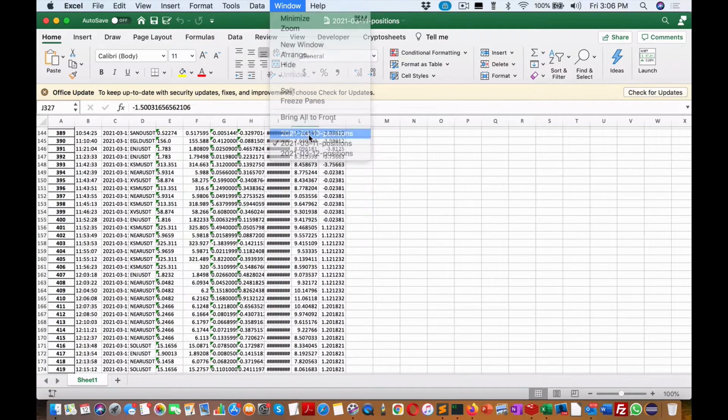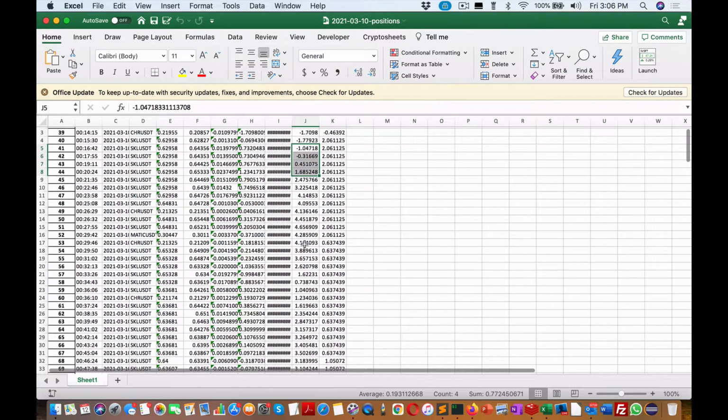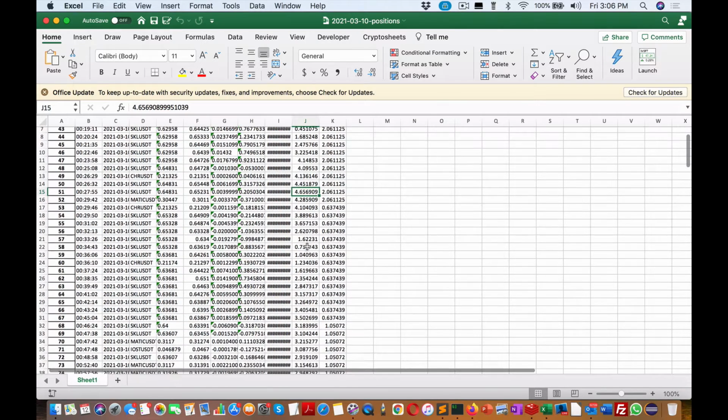So I'll show you one last example. March 10th. It started at negative, let's say 1.7. The weighted average starts to move up to 2.0, which is fairly strong. So we're now at negative 1.77 at 12:15 a.m. And then it peaks at around 4.15, 4.65, and it goes back down.